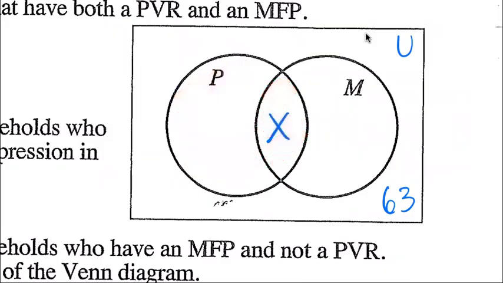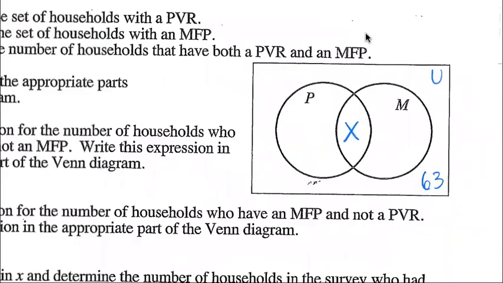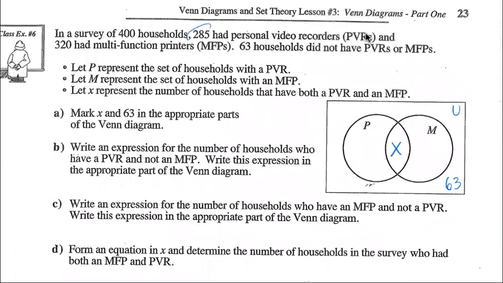We know a total number of PVRs is 285, but there's some value of X that have both PVRs and MFPs. So our expression to figure out how many just have a PVR is going to be that 285 PVRs minus that X value. So 285 minus X.